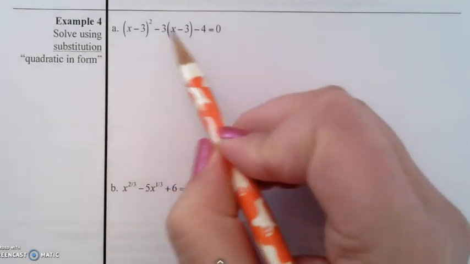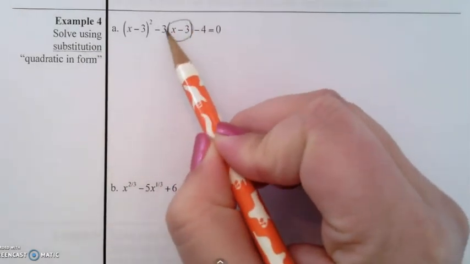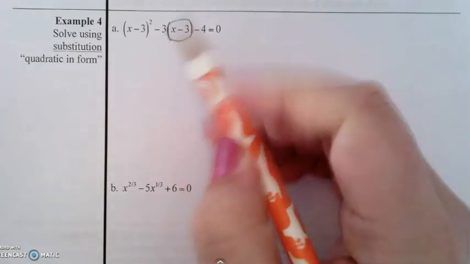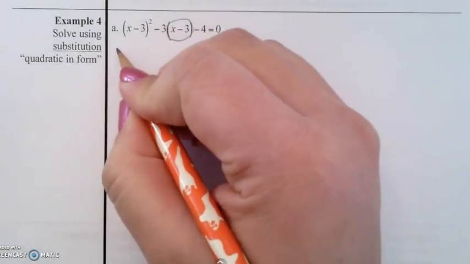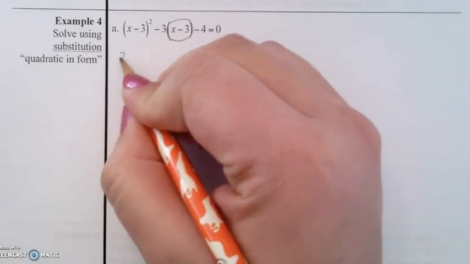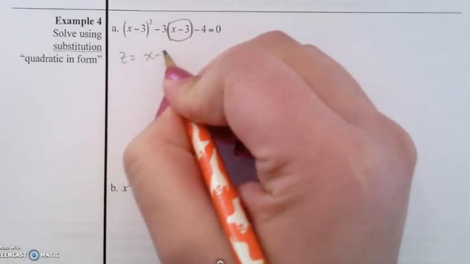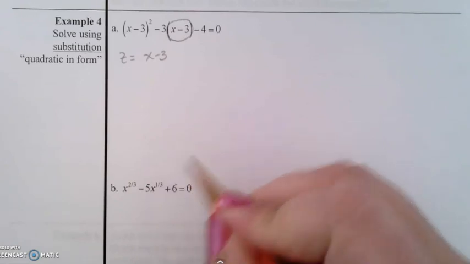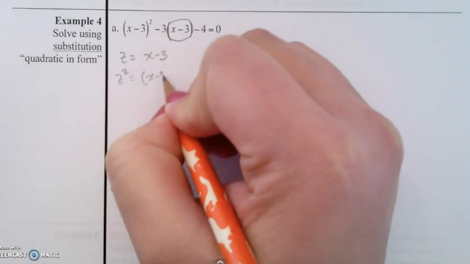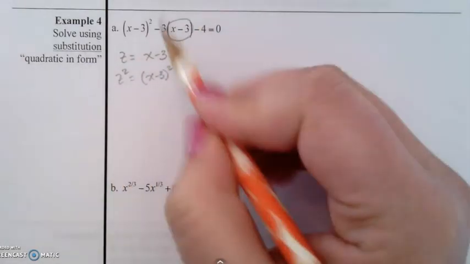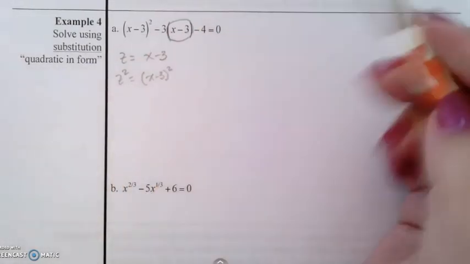So again, looking at what is being multiplied in my middle term. We could choose whatever letter we want. Maybe we call it z equals x minus 3. And then we say, okay, then what is z squared? It would be the quantity of x minus 3 squared.